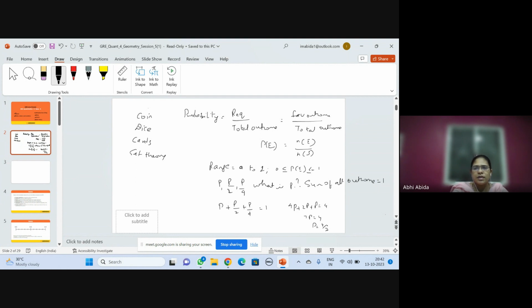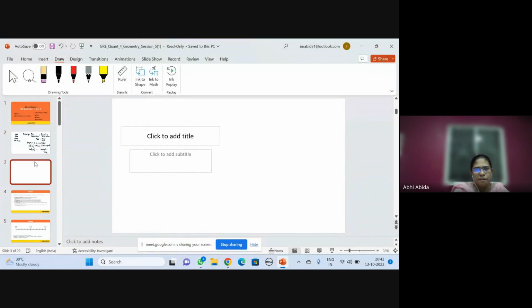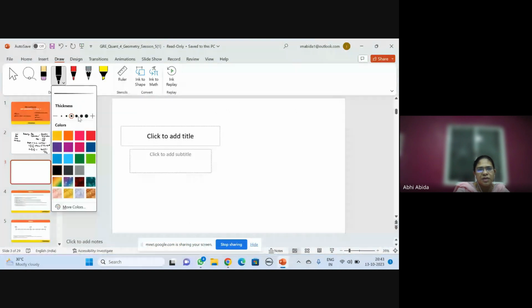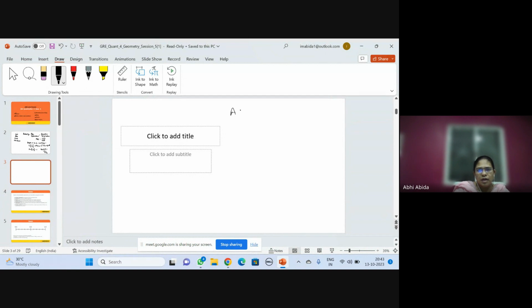Okay. Next. As I told in the previous session, whenever AND is there, we will multiply; when OR is there, we will add. AND specifies multiplication, OR specifies addition.